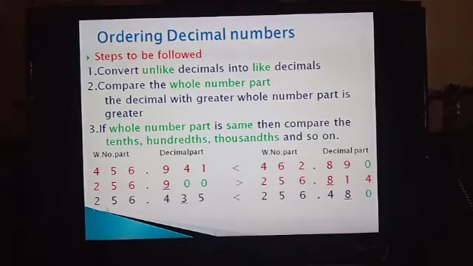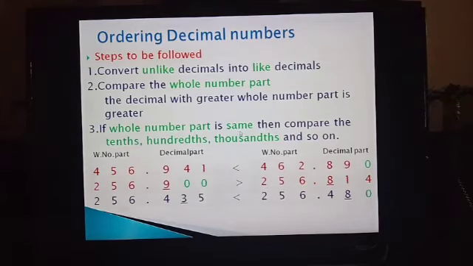Next example. 256.435 and 256.48. By following the first step, by adding 0 here, I have completed the first step. Next we will see the second step, compare the whole number part. Here 256 is there, here also 256 is there. So we need to follow the third step.